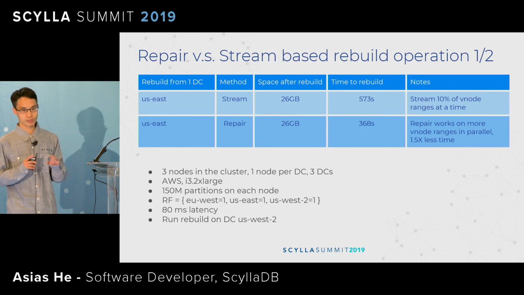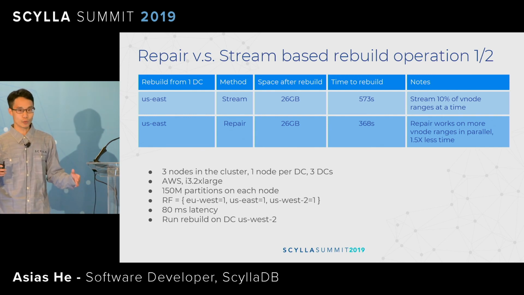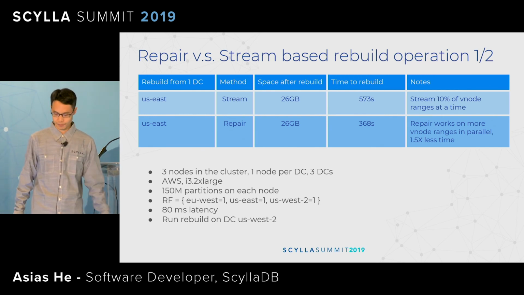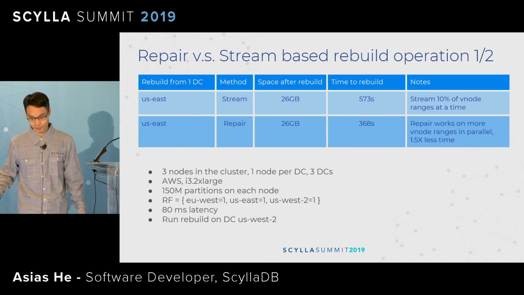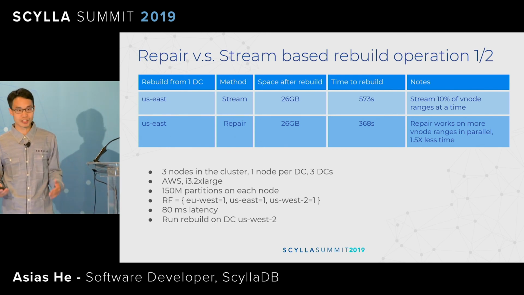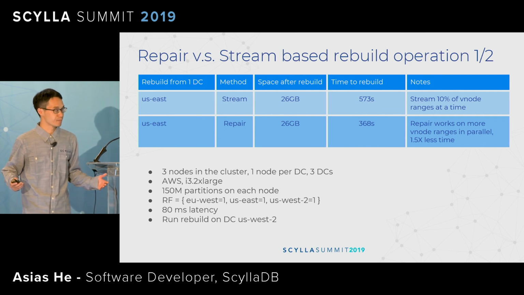The latency between the DCs is around 80 milliseconds. So we run rebuild on 1 of the DCs. As we can see, the repair-based operation is actually faster than the stream-based one. This is mainly because internally, repair works on more ranges in parallel.